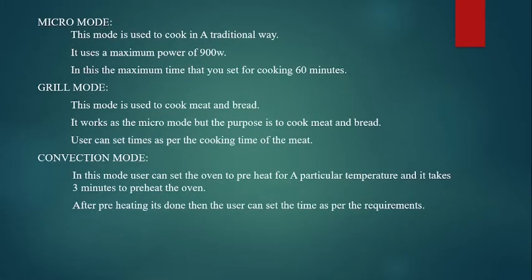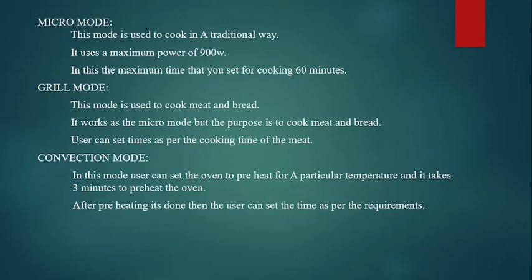Microwave mode is used to cook in a traditional way. It uses a maximum power of 900 watts. The maximum time that you can set for cooking is 60 minutes.